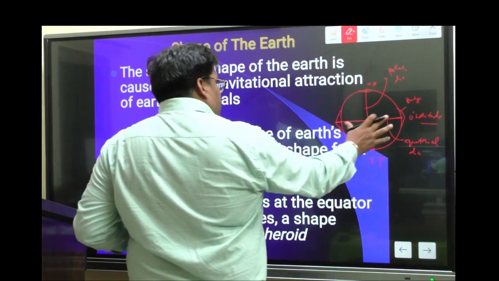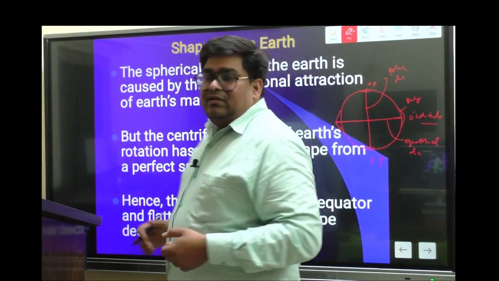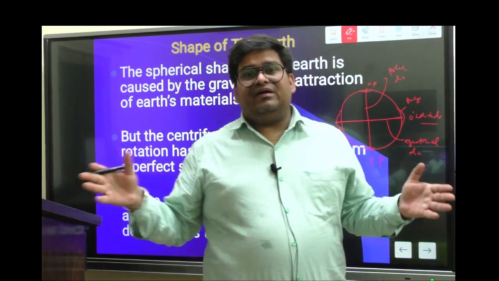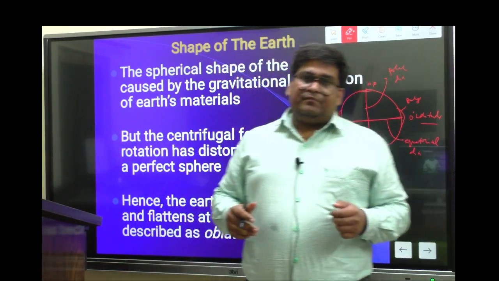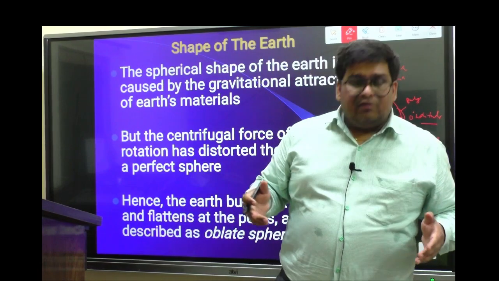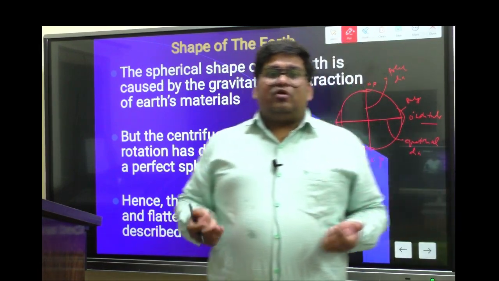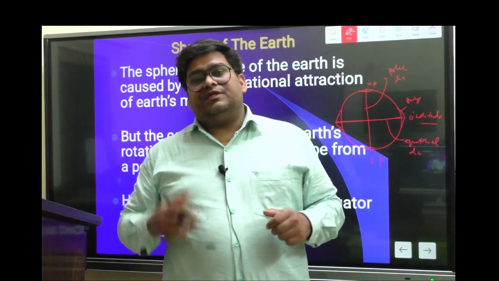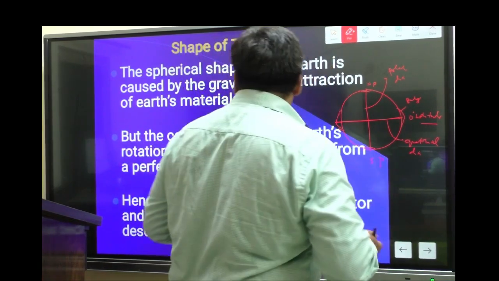Through that we came to know that the equatorial diameter is somewhat bigger than the polar diameter. It is because of the bulge. Why does this bulge occur? It is because of the rotation of the earth on its axis. So the primary reason is the rotation of the earth on its axis.